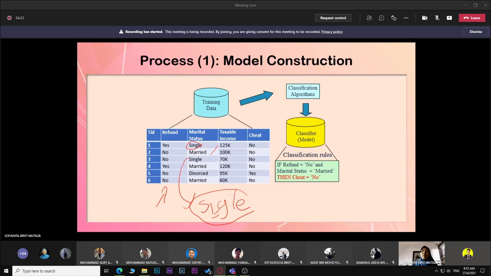Training data must be very, very clean, and the best is to get the ideal distribution. That means if you look at the refund, the marital status, taxable income, and so forth, the values must be consistent: 50% is refund yes and 50% refund no. Okay, 50% is balanced.